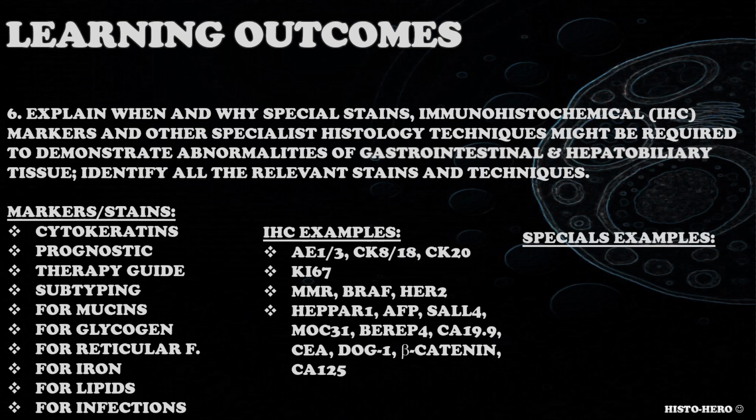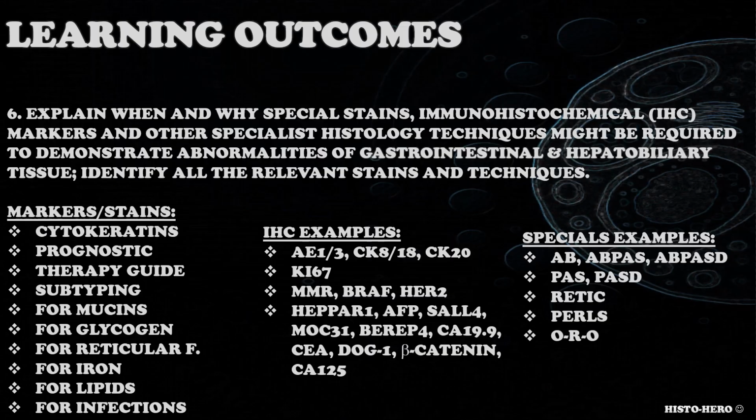Specific special stains like AB, AB-PAS, AB-PAS for mucins, PAS and PAS-D for glycogen, retic for reticular fibers, Perls for iron, Oil Red O for lipids, Gram, Giemsa, orcein for pathogens.